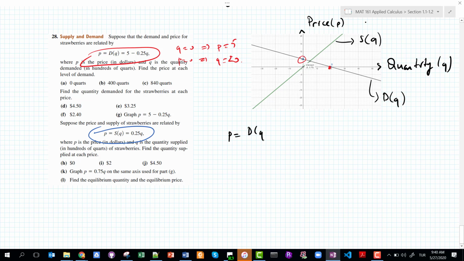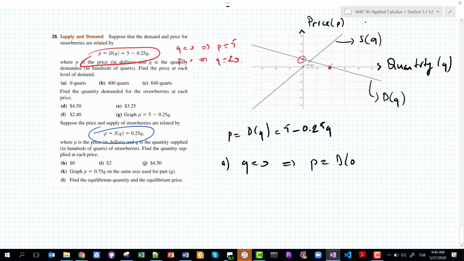This is my demand function, which is equal to 5 minus 0.25q. If the quantity is 0, of course, the price will be equal to 5.